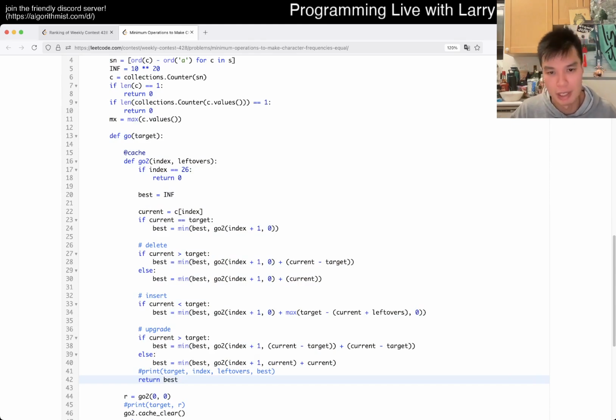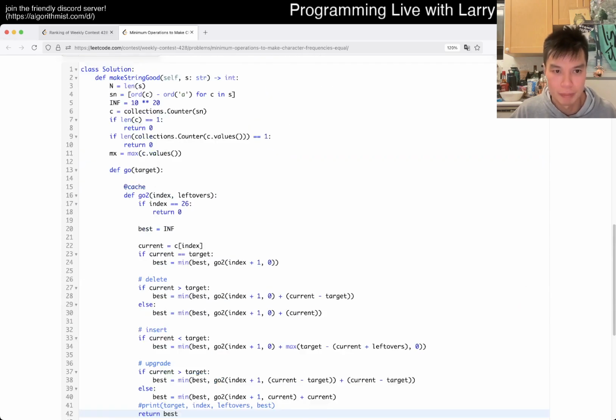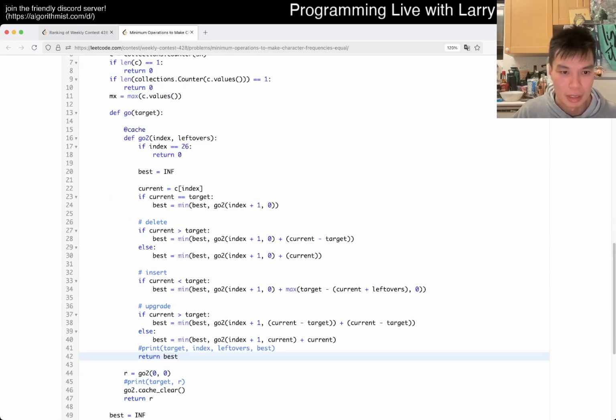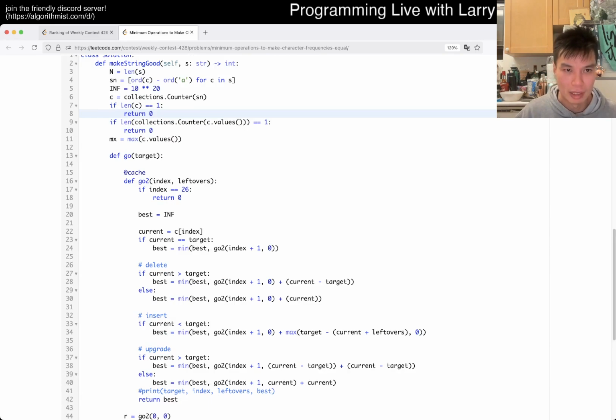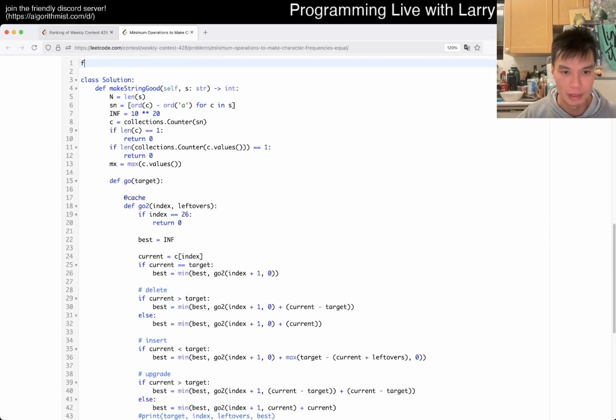Someone told me how to do this. F min is equal to lambda x, y: x if x is less than y else y, right? Does that work?